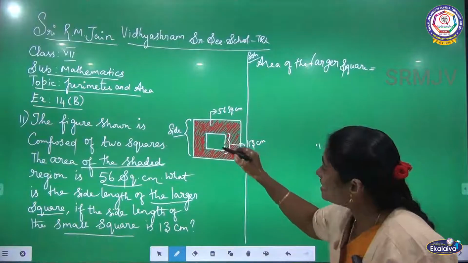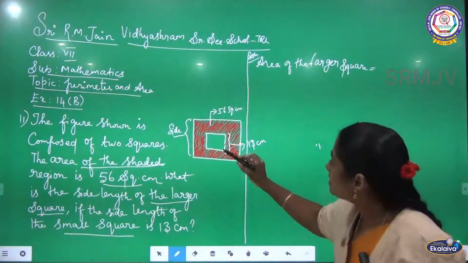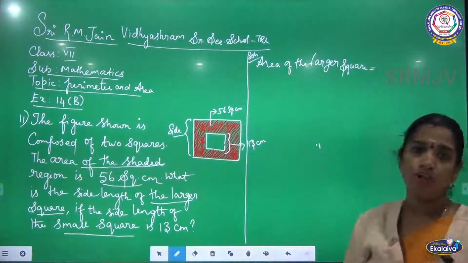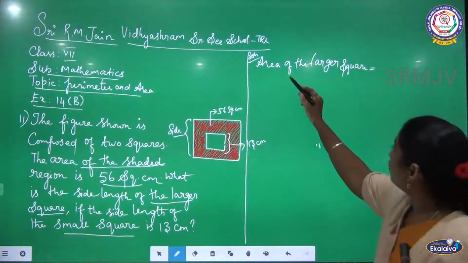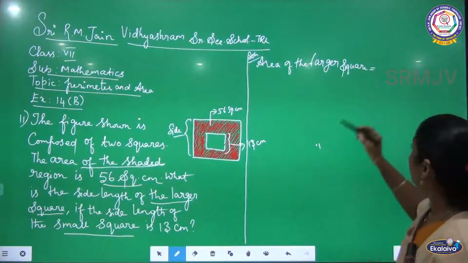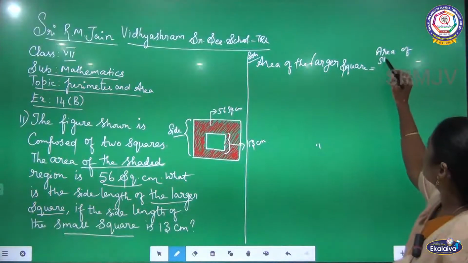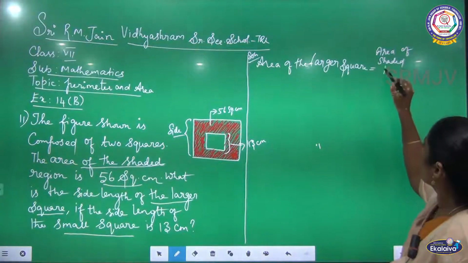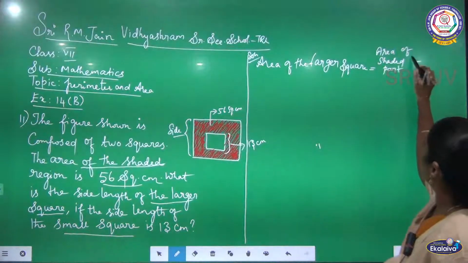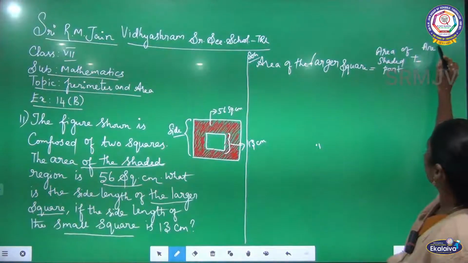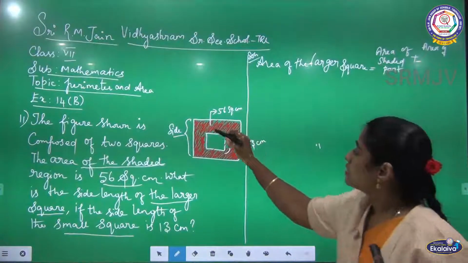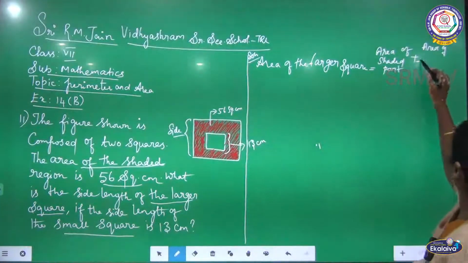Area of the shaded part plus area of the small square. Got it? See, area of the largest square is area of shaded part plus area of small square.